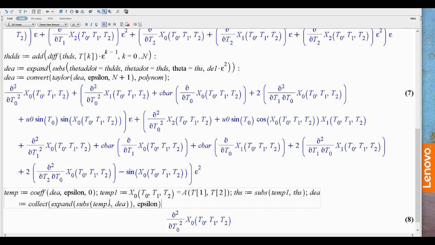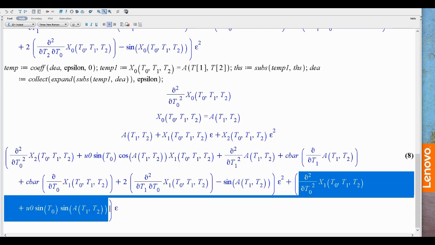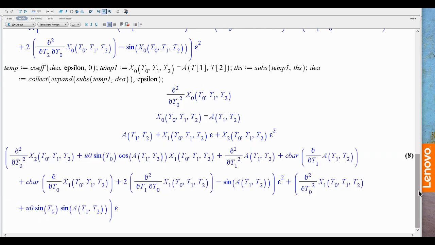Okay, and this may become a bit long, but no, not that long. Okay, so here now we have the order 1 term and we have the order epsilon term and the order epsilon squared term. The order 1 term is dead. This is DEA. The order 1 term is taken care of. Very good. So now we go to the next order and we say temp is equal to the coefficient in DEA of epsilon to the power 1.